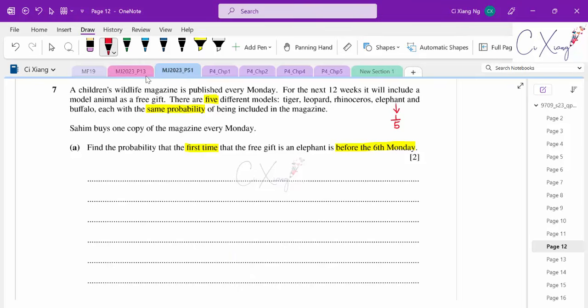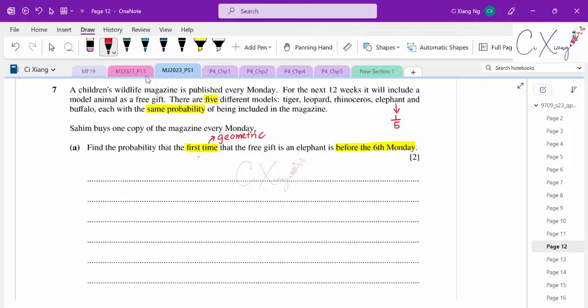The keyword first time tells us that it belongs to a geometric distribution. For a geometric distribution, when you see the structure of the question, the first thing happens up to and including a certain time, that is a geometric distribution.